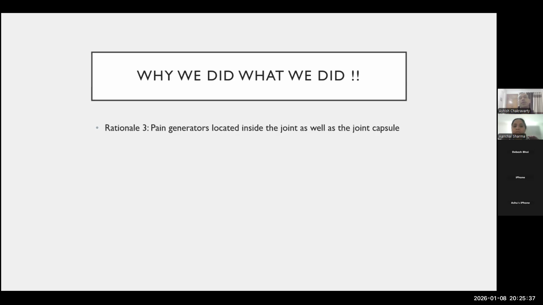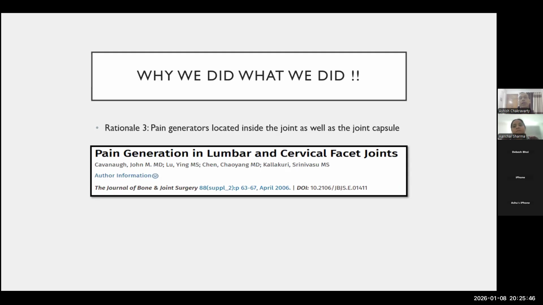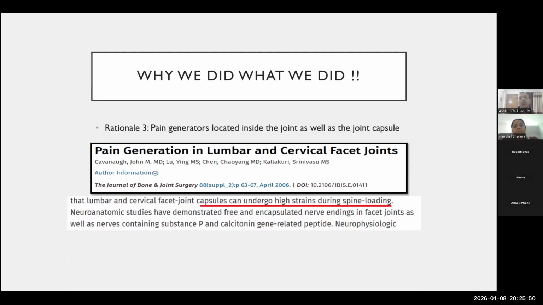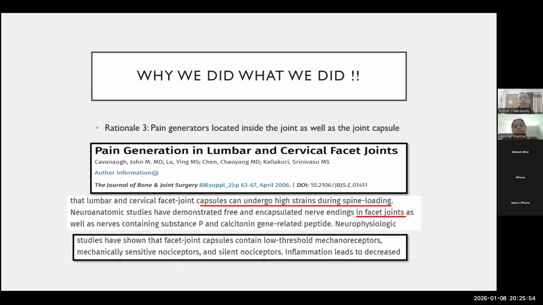So as I was telling, there are different pain generators described for the facet arthropathy. The pain generators can be located both inside the joint as well as in the capsule. So you can have the free as well as encapsulated nerve endings inside the facet joints, and you can have the nerve endings and the nociceptors on the facet capsules as well.